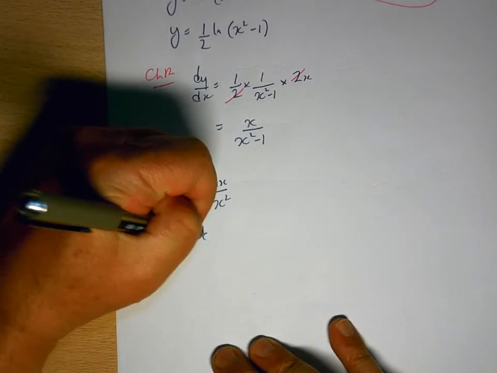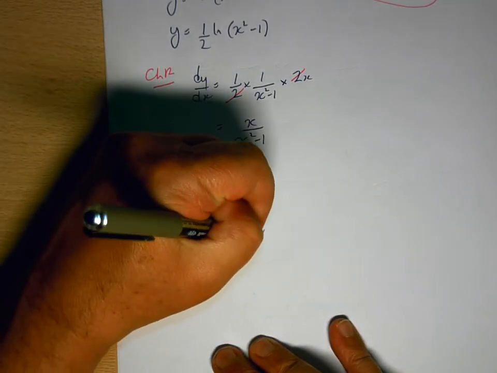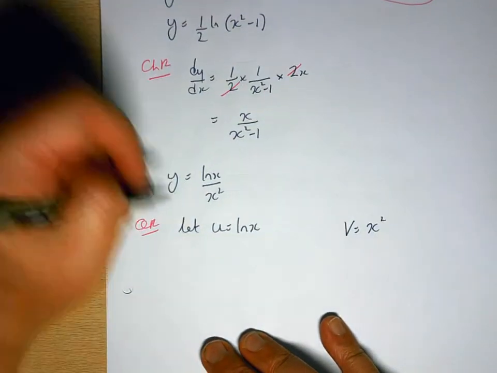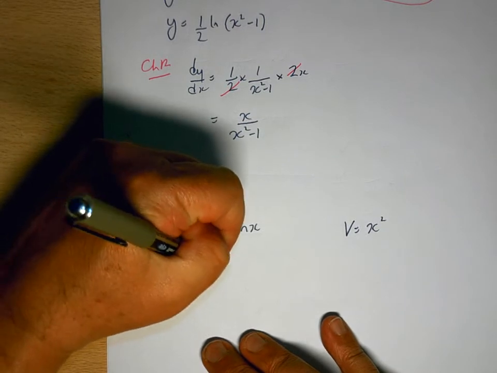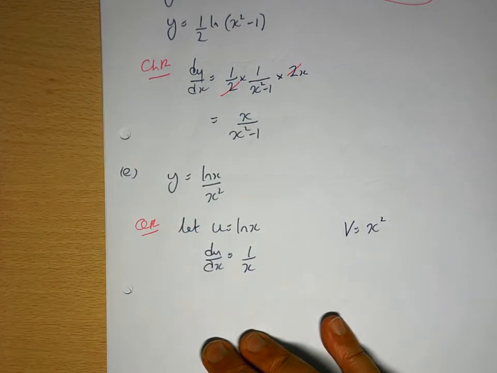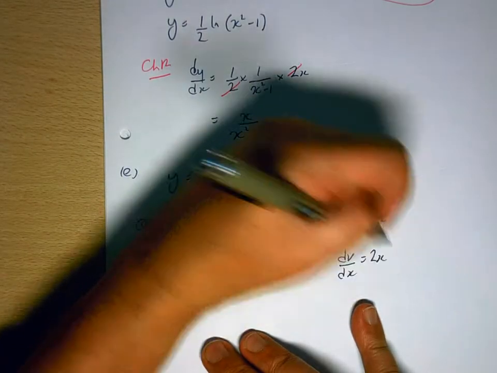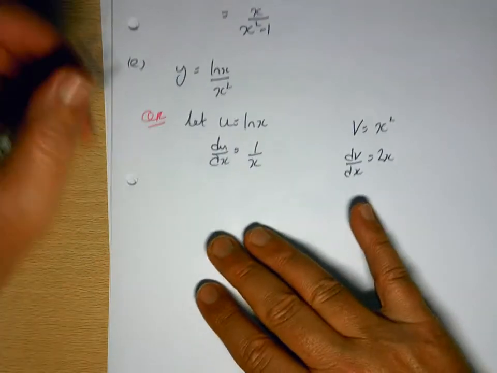We let u equal ln x, v equal x squared, du dx 1 over x, dv dx 2x.